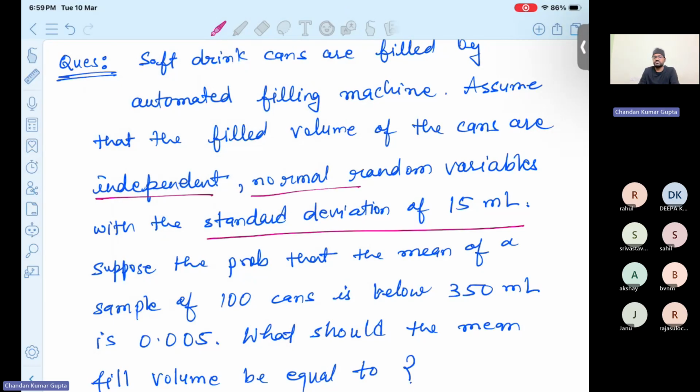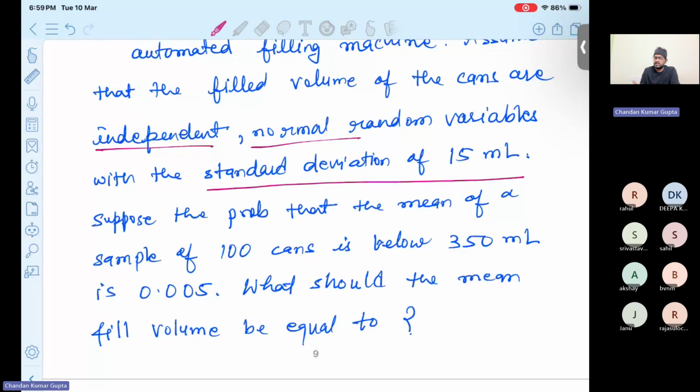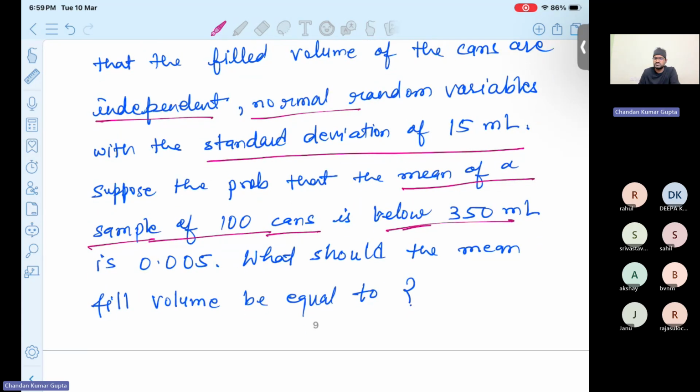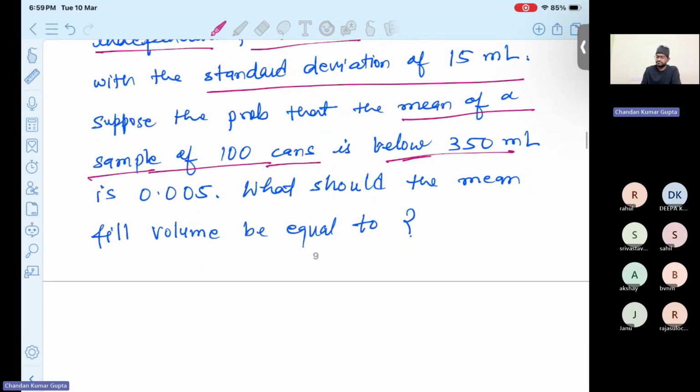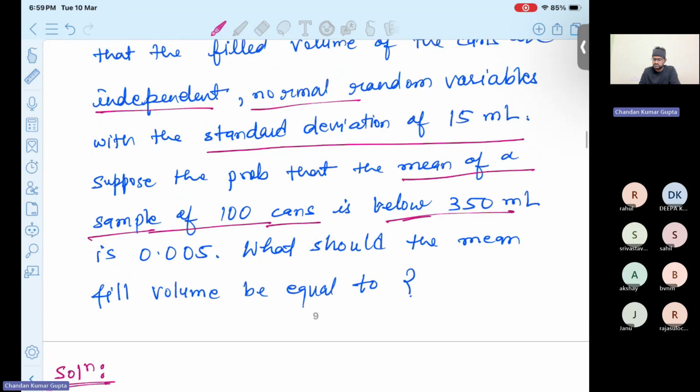The standard deviation is given as 15 milliliters. The probability that the mean of a sample of 100 cans is below 350 is 0.005. Then what is the value of the mean itself? So we need to find mu. Let me solve the question. Does anyone have any doubt about what the question says? Then he or she may ask.